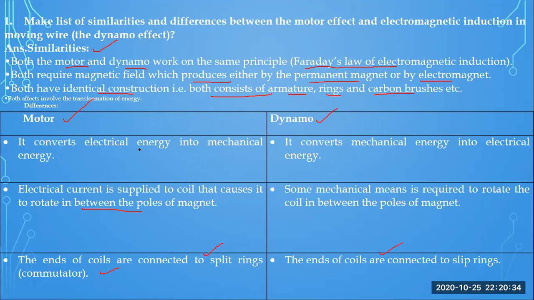In a dynamo, some mechanical means is required to rotate the coil between the poles of the magnet. The third one is that the ends of the coil are connected to a split ring, but here these are connected to slip rings. So this was the first question which we have discussed: make a list of similarities and differences between the motor effect and electromagnetic induction in a moving wire.